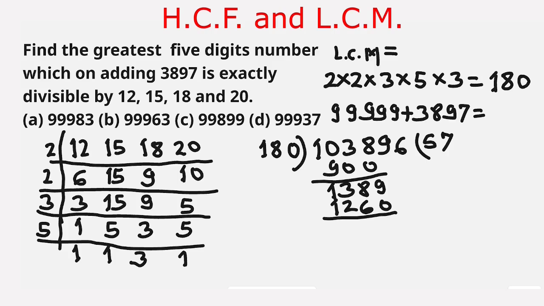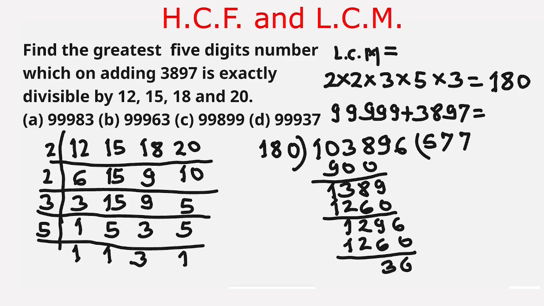On subtracting we get 129 and we carry 6. Again 180 divides this for 7 times. 7 times 180 is 1260. On subtracting we get the remainder 36.